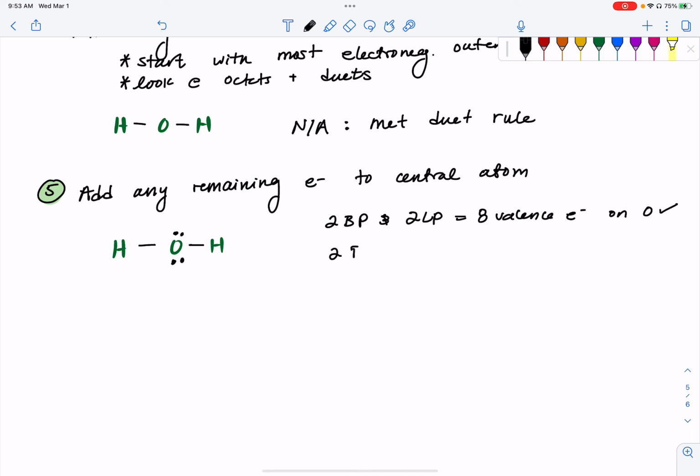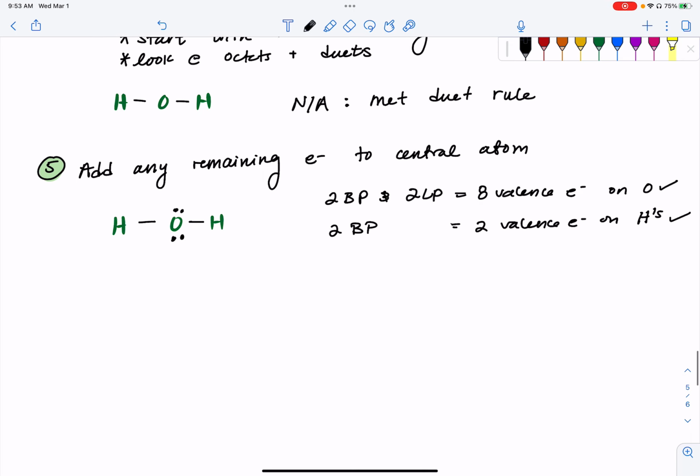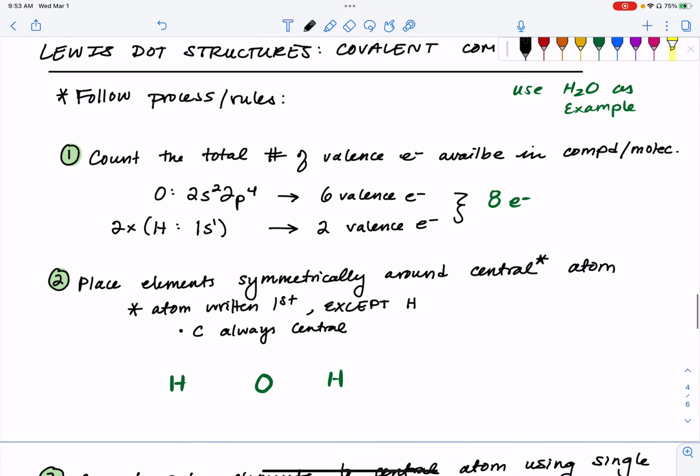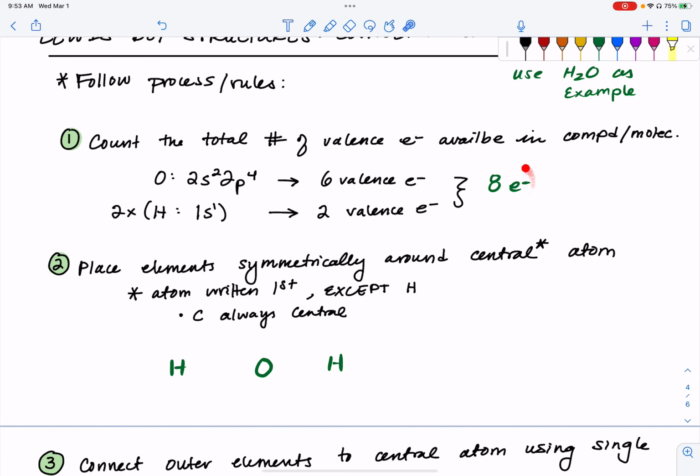And then 2 bonding electrons on each hydrogen means that we've got duet met for hydrogen. And then let's just do one final tally or count of our valence electrons to make sure that we have used no more or no less than we were allowed to. So we were able to use 8.